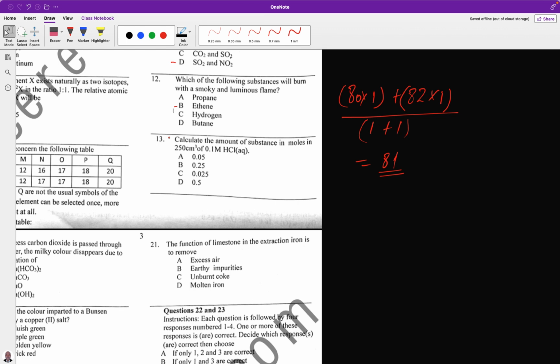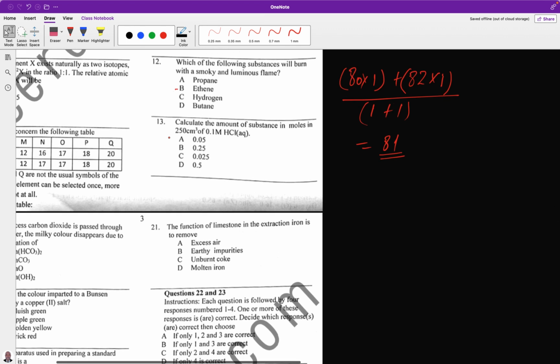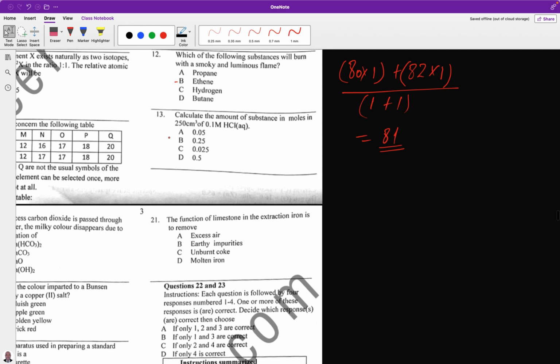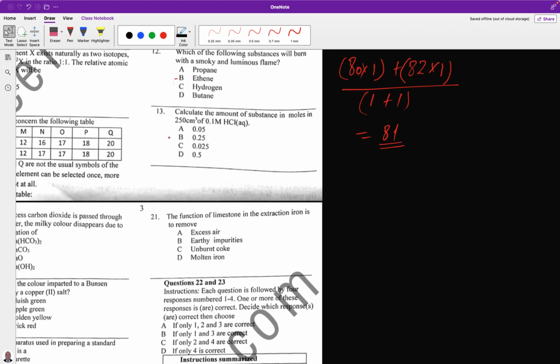Question number 13. Calculate the amount of substance in moles in 250 cm³ of 0.1 molar aqueous hydrochloric acid.